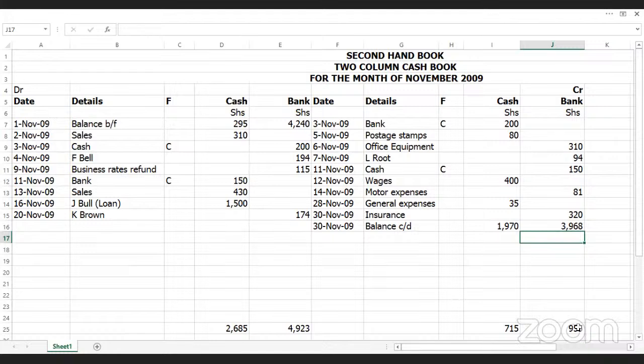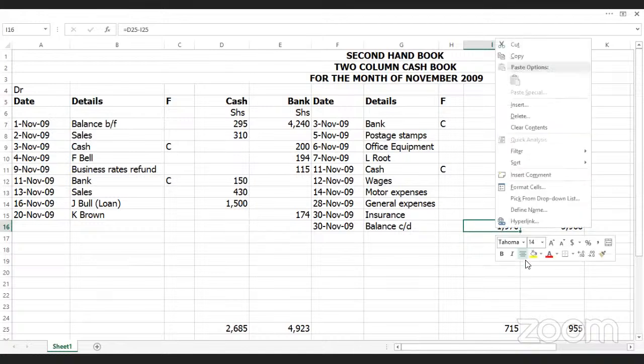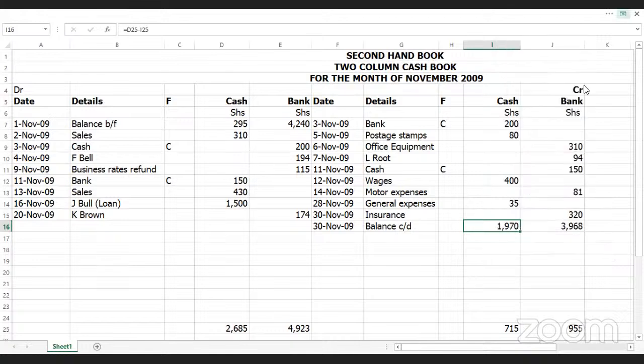So after inserting these balances carried down, both columns will be having the same totals. So you can now show your totals. Totals should be on the same line.